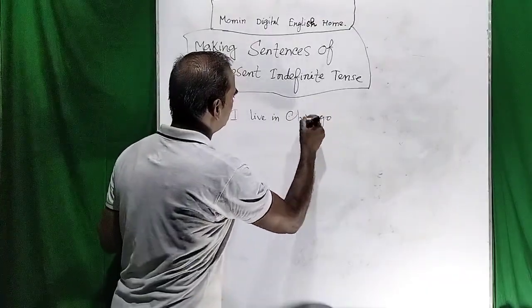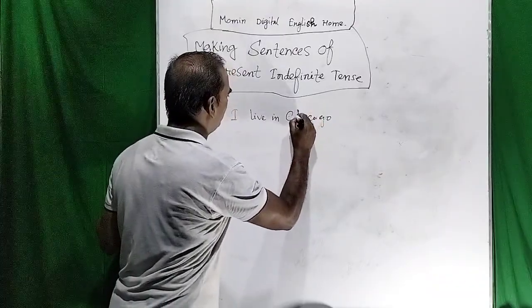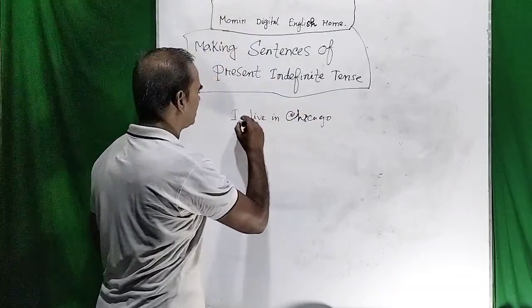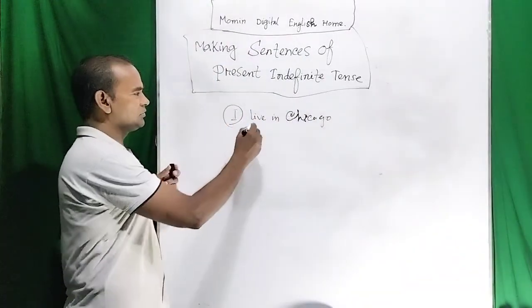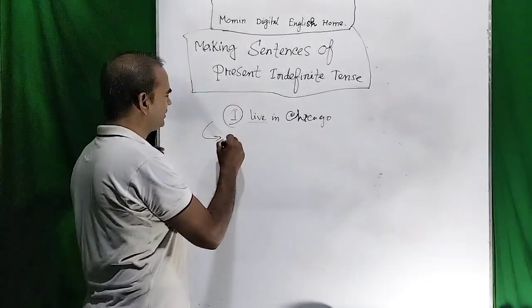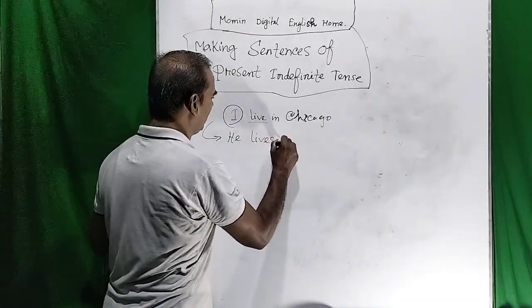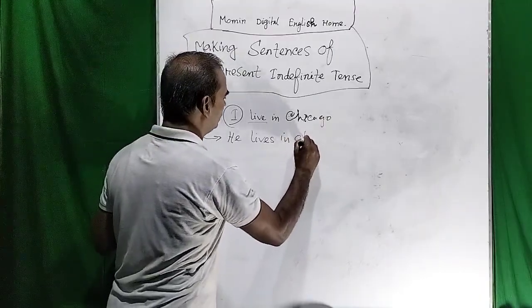Because this is the first person, there is no sense in the past. I live in Chicago. But when it is he, he lives in Chicago.